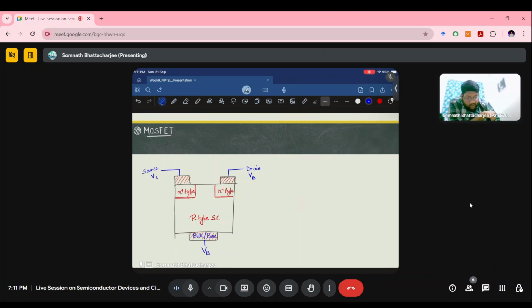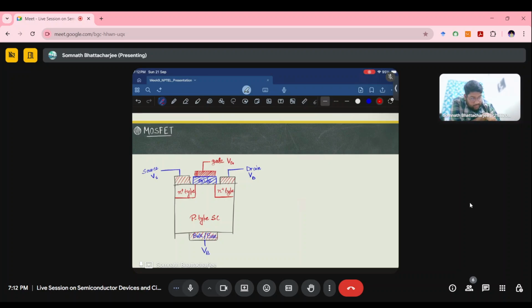Now for this above structure, what we are doing is depositing an oxide layer, that is working as the oxide, the O in the MOS. So this structure here is the oxide layer. And on top of that, there is the gate structure. So this is the gate, and the applied voltage is VG here.